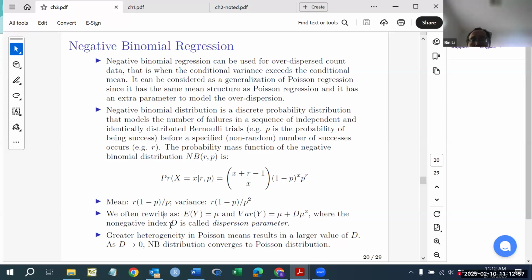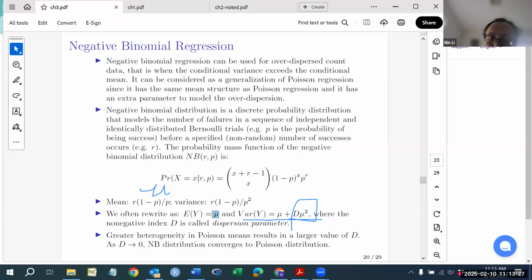And often we can rewrite this mean and variance in a different way, through the expected value of y equals mu. So the mean we can write as mu, but we can write the variance as mu plus d times mu squared. Okay, so we can write the variance in this way.